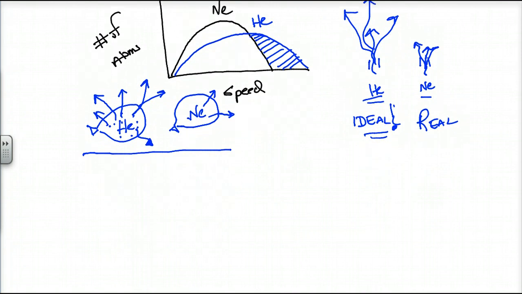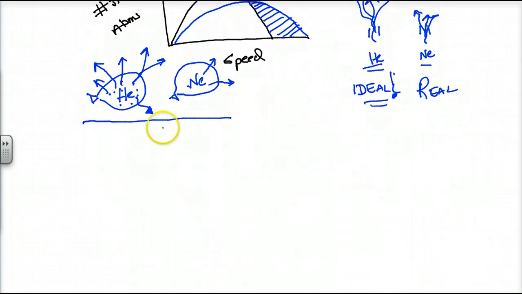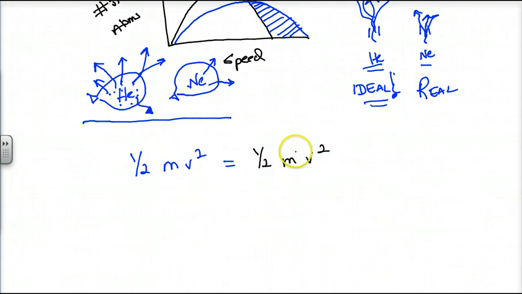But we have a mathematical relationship. Let's do that. Let's take helium, 1/2 mv squared. Let's do neon, 1/2 mv squared. They're equal to each other because they're the same temperature. Maybe, let's pretend it was 273 Kelvin.